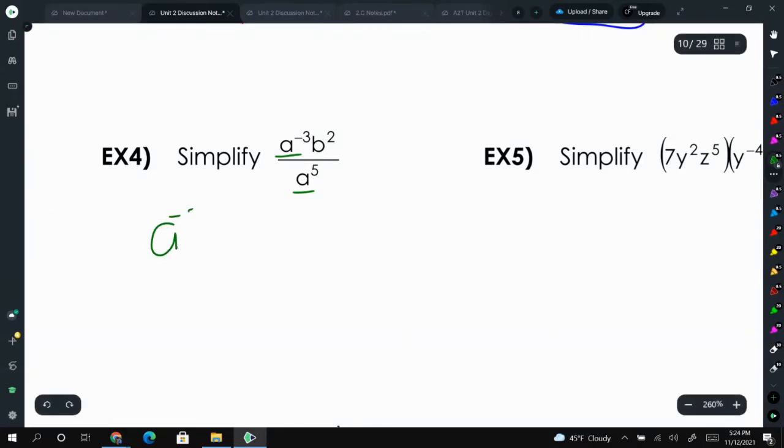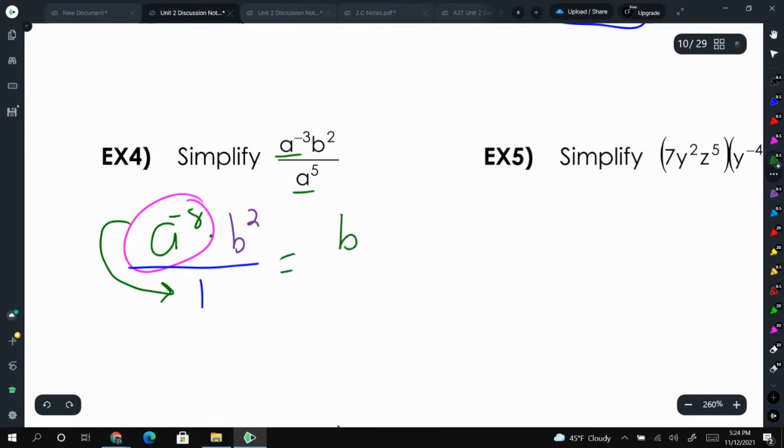So it's going to be a to the negative 8 times b squared. Well, negative 8, I can't have this in the numerator. Remember when I said if you don't see a fraction, you can make it over 1. So now I can take this and put it in the denominator, and it's going to be b squared over a to the 8th power.